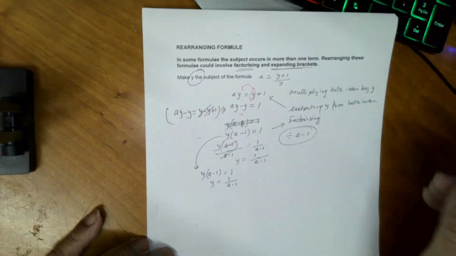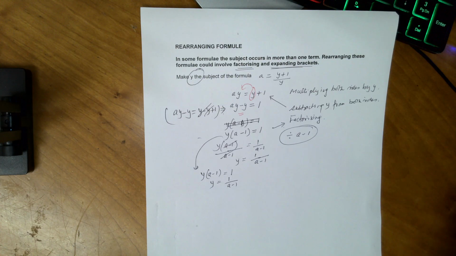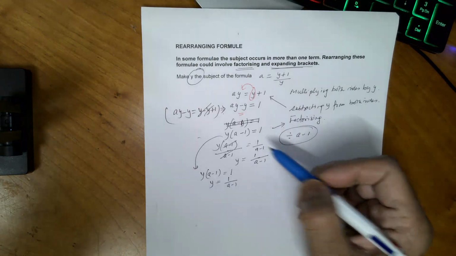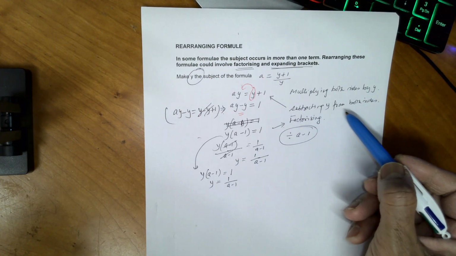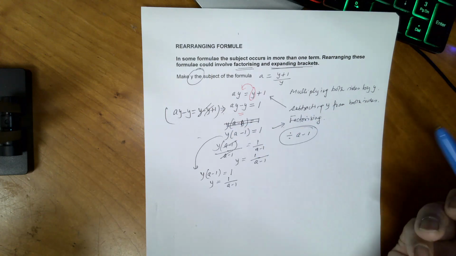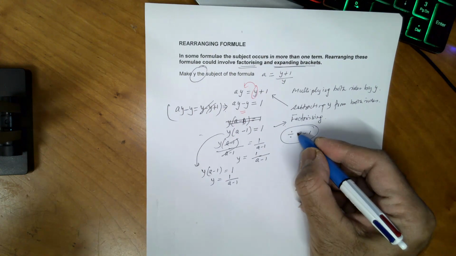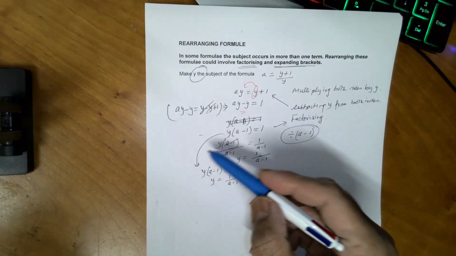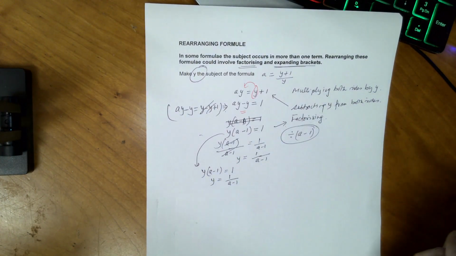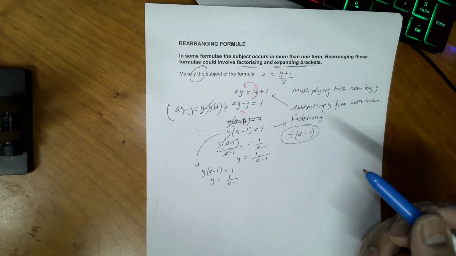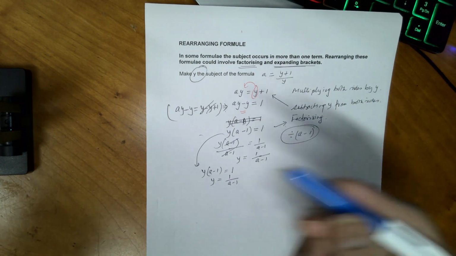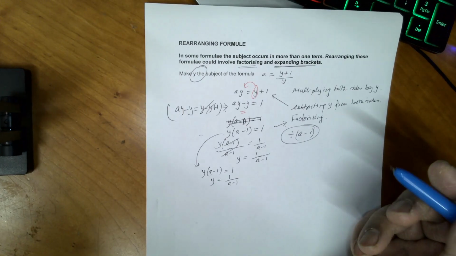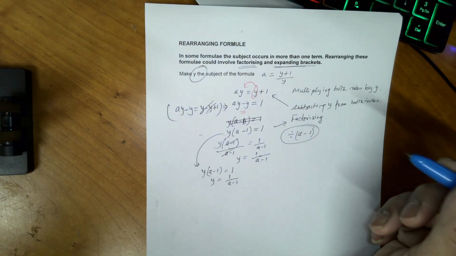As I already explained in my previous videos, as you move to AS or A level, we won't be doing these methods where you're subtracting y from both sides or dividing by a minus 1. We rather prefer the second method. So we will see that time, and I'll explain to you during that time how we can simplify complex equations.